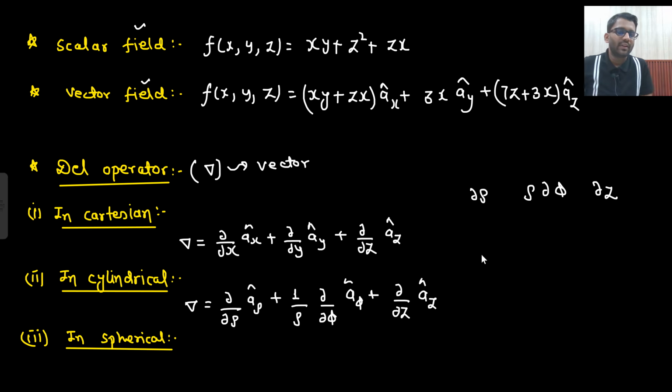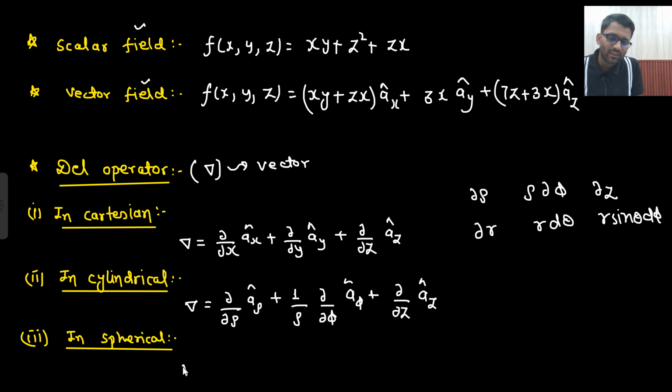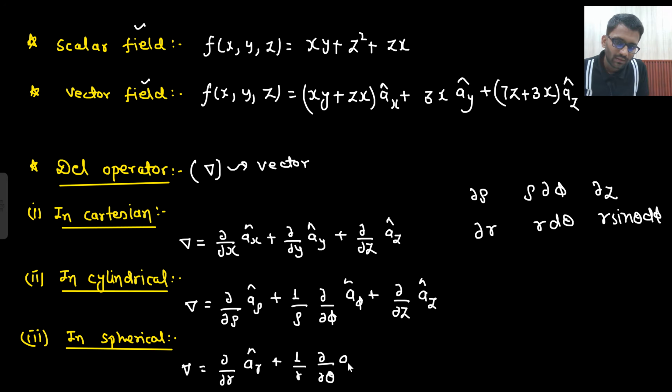Similarly for spherical, how will you write it? You can write it on your own. dr, r d theta, r sin theta d phi. So similarly, let's write it. dr, 1 by r d theta, plus 1 by r sin theta d phi, del by d phi a phi cap.